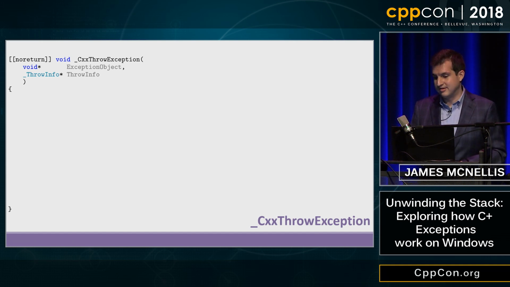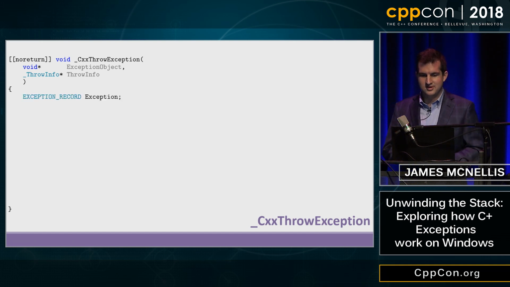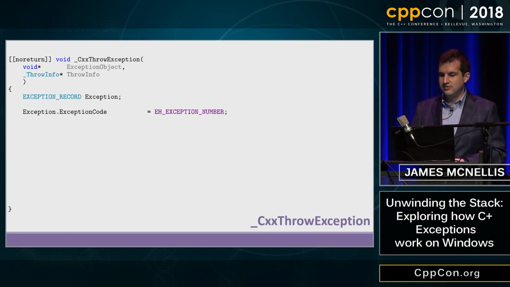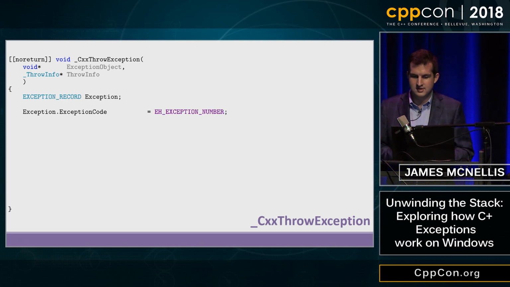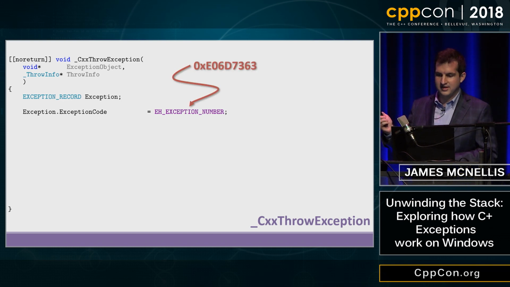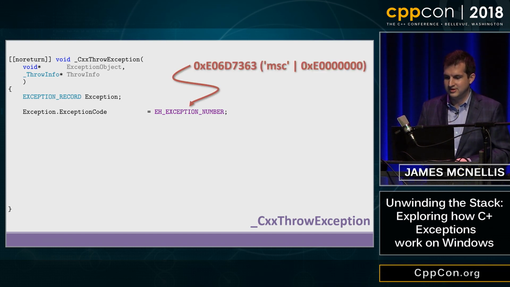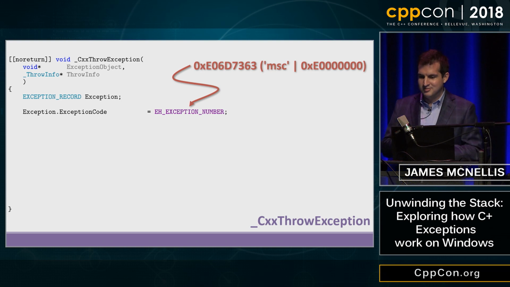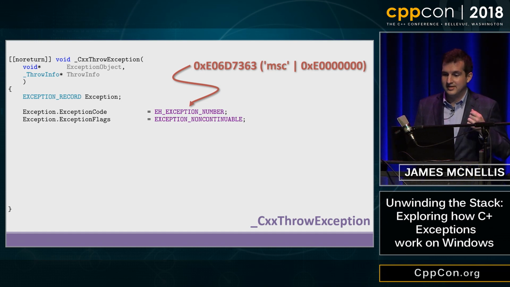So let's implement CXXThrowException. This one's really easy to do. So first it's going to construct an exception record, and it'll set the exception code to the Visual C++ exception code. And as a little piece of trivia, it's this value, which is what you get if you do a logical OR of the multi-character literal MSC with a few extra bits at the top of the number. Next, it'll set the exception flags.